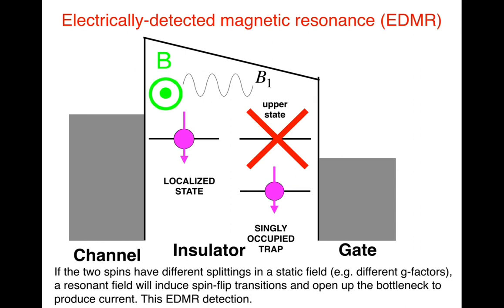Essentially, this is what EDMR is. It's the modulation of the transport with this B1 field. And here we go. We now cause a spin transition at one of those sites, and this then alleviates the bottleneck again.